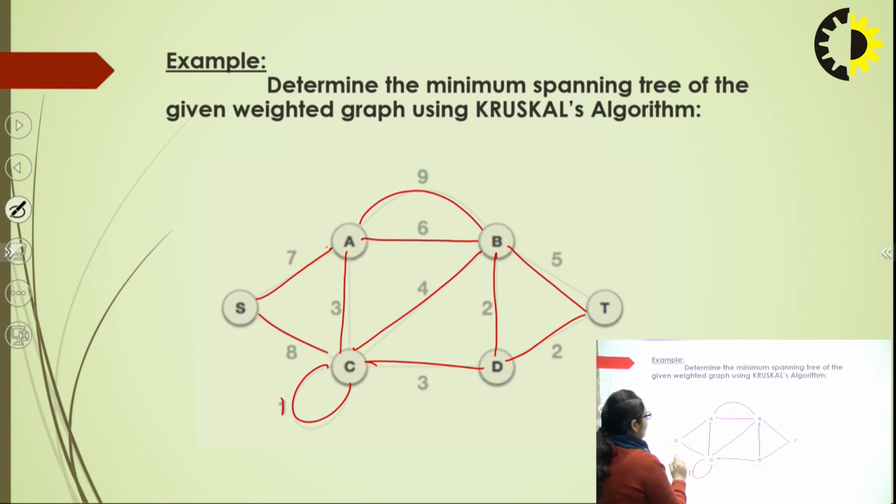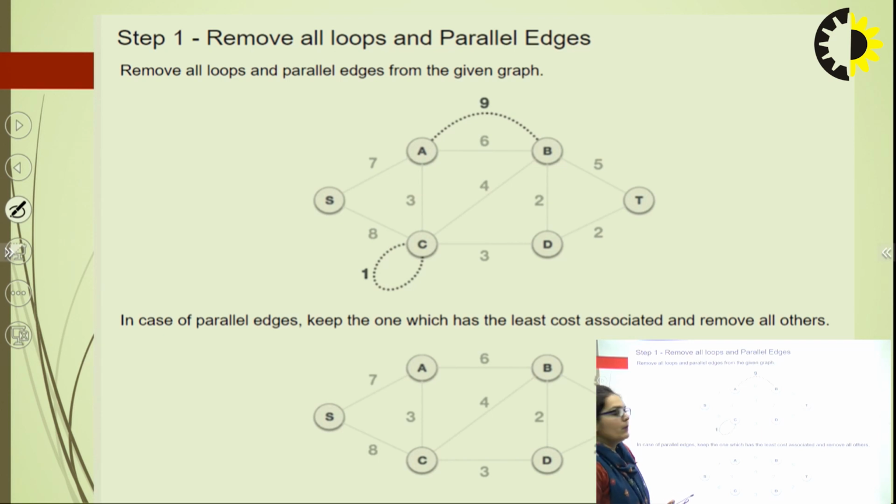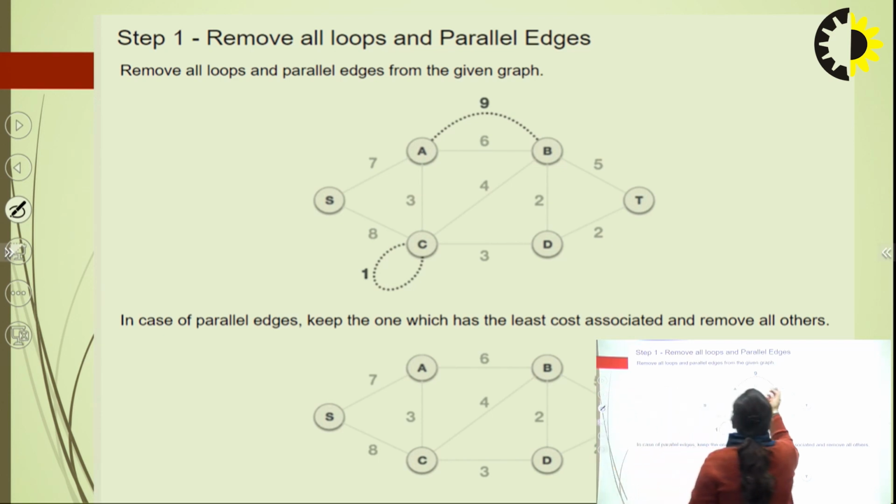In this graph we have 6 vertices and 11 edges, and there is also a loop and a parallel edge present. So what Kruskal's algorithm says is, first we have to remove the loop or parallel edge present.